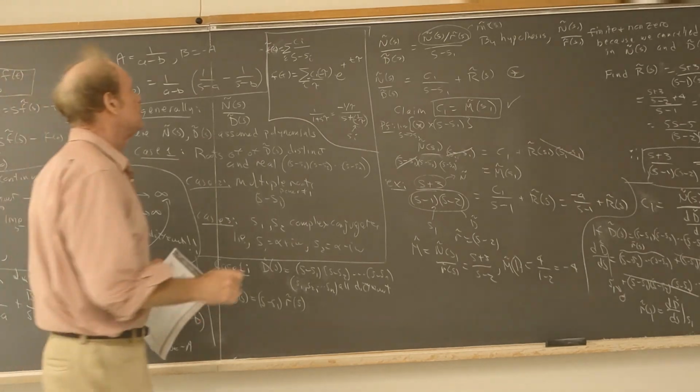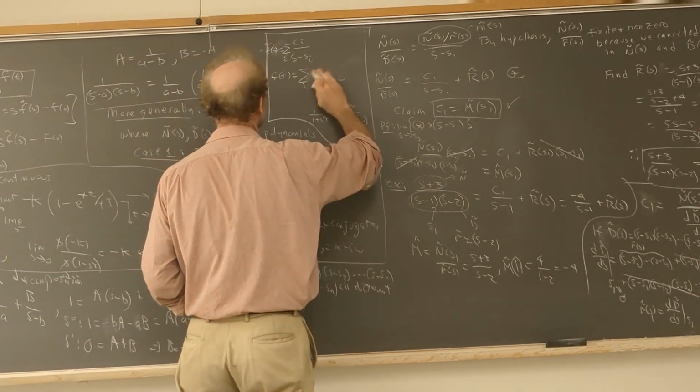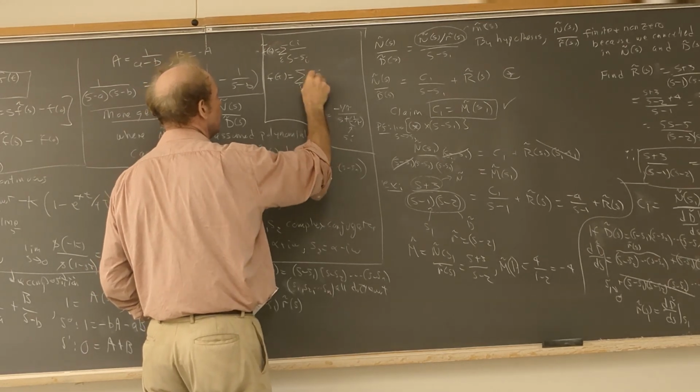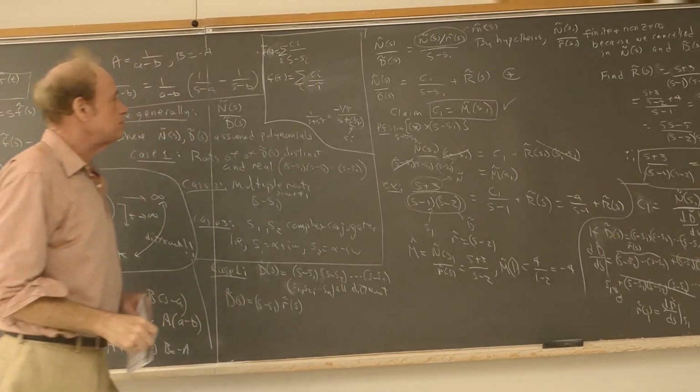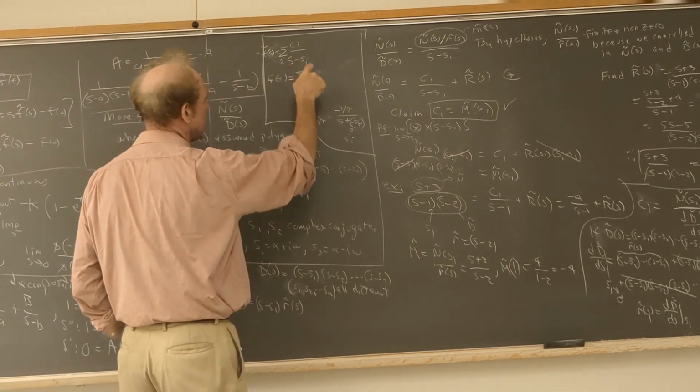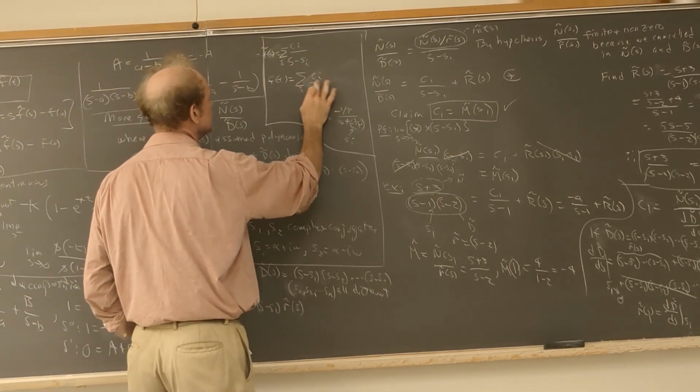I'm sorry. Why don't we go back and read it more carefully? So I've got a c_i over minus tau. And let's notice that minus 1 over tau is exactly s_i. So this is just s_i.